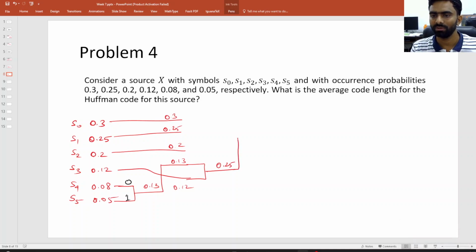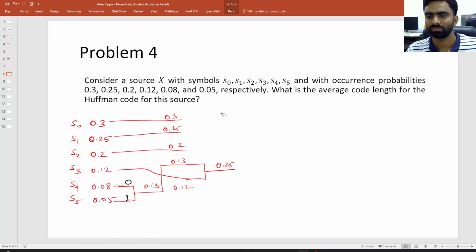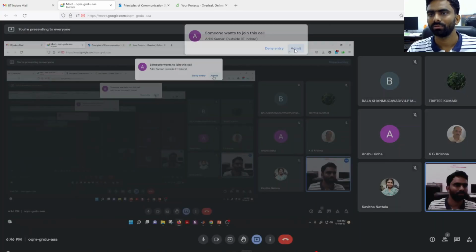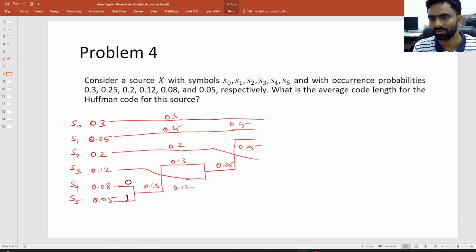Now 0.25 will be going either between S0 and S1 or between S2 and S1. It does not matter. I am keeping it here. So 0.25, that is S1, 0.25, 0.3, 0.2 here.